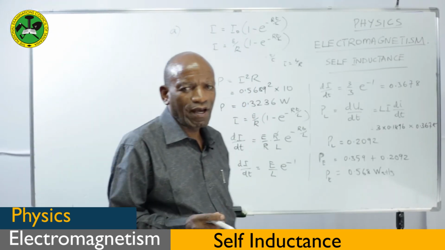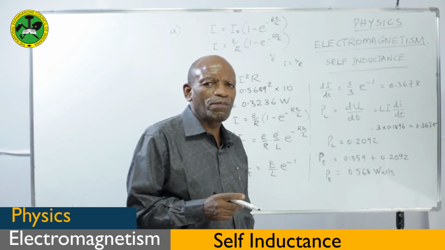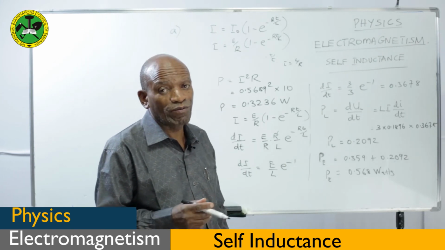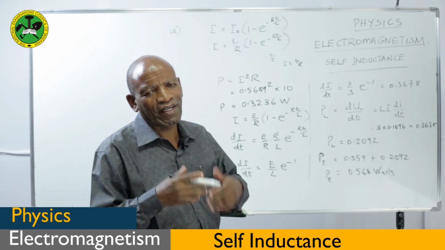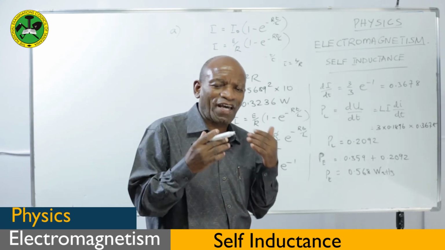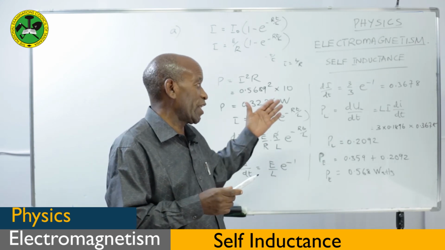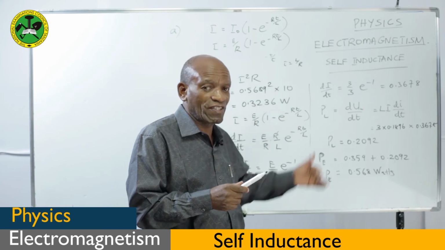Okay, students, having looked at all of these questions, I do hope you are now in a position where you can solve these particular questions, where you can determine the current, the time, and the inductive time constant, which really originates from an inductor whenever it's connected with a resistor.